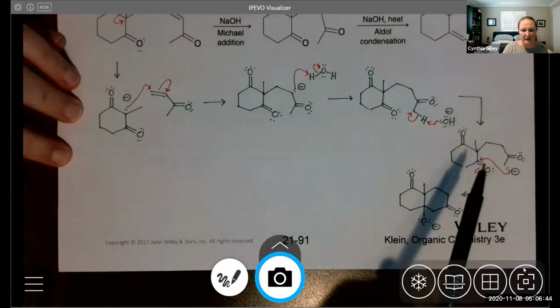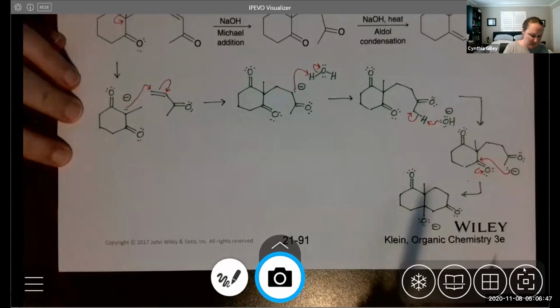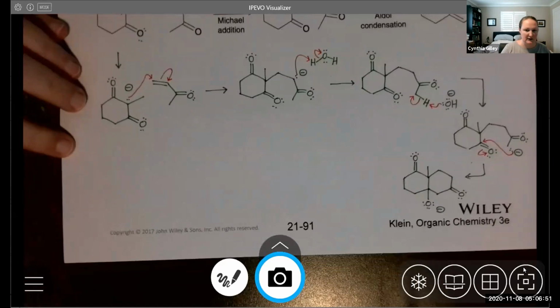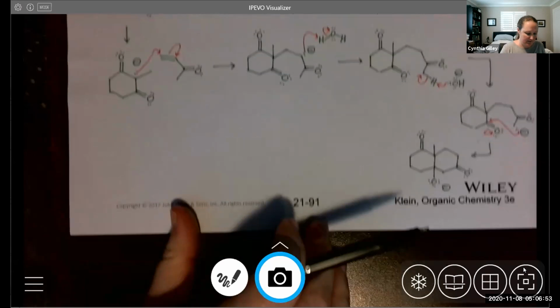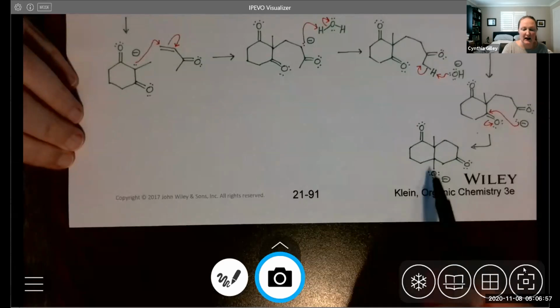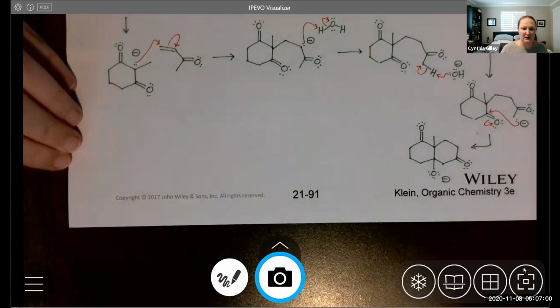Enolate, do a nucleophilic attack. We end up with this negatively charged oxygen, which will be protonated with water to give the beta hydroxy keto product that you would get from an aldol addition reaction, and then we'll go on to do the condensation part of the aldol reaction.